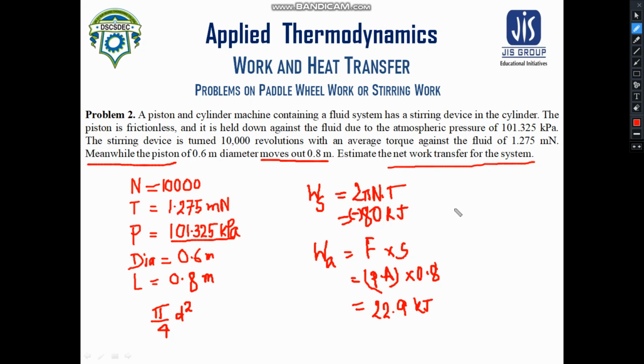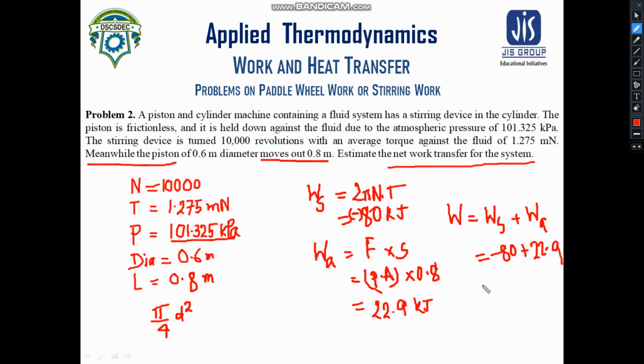So let W be the total work transfer for the system. It will be WS plus WA. So the values will be minus 80 plus 22.9.